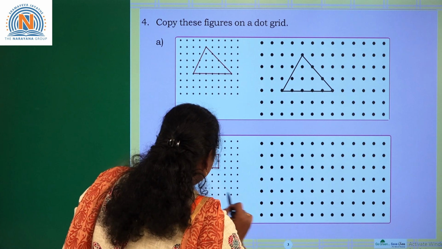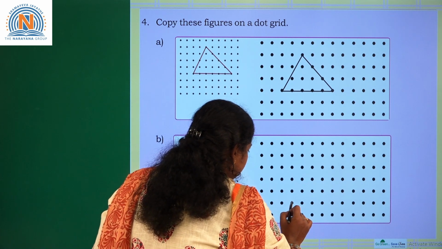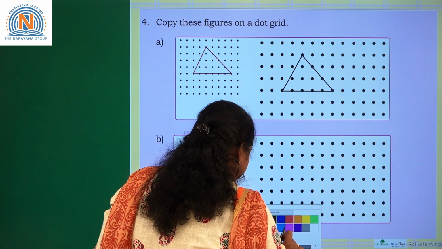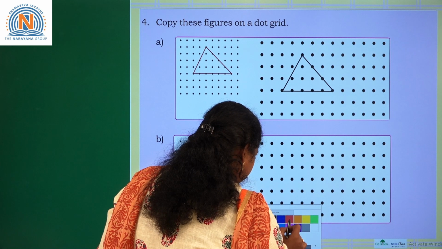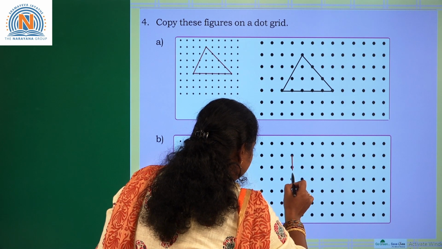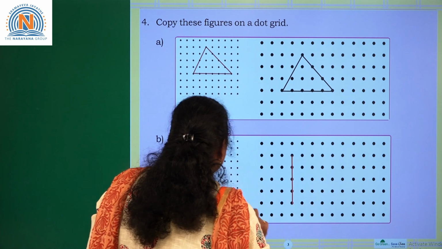And what about this figure? 1, 2, 3, 4, 5. 5 points were joined. Let us draw by joining 5 points. 1, 2, 3, 4, 5 points, right?